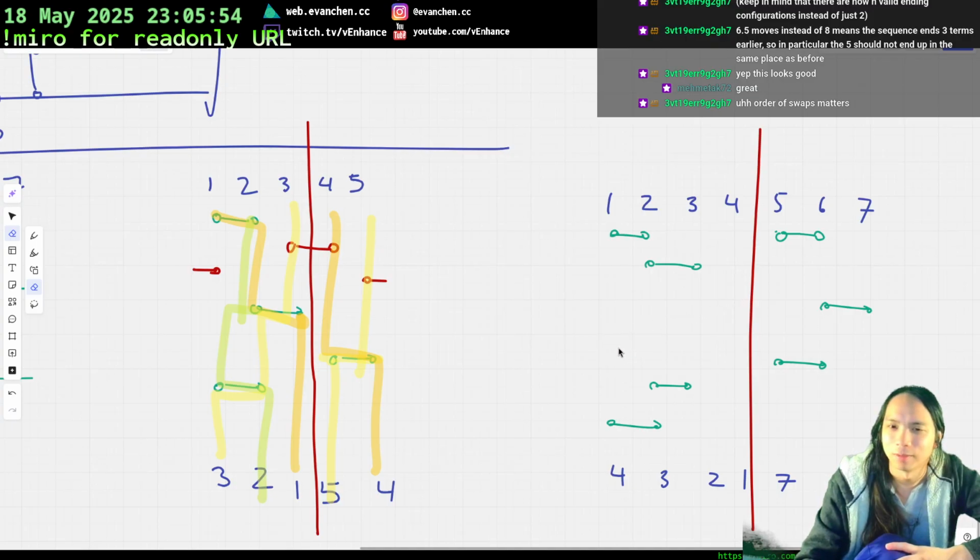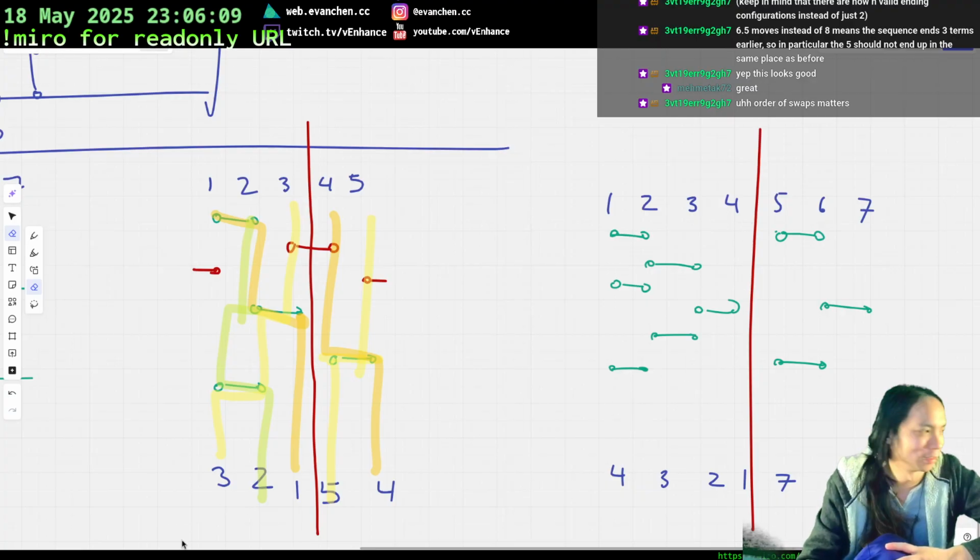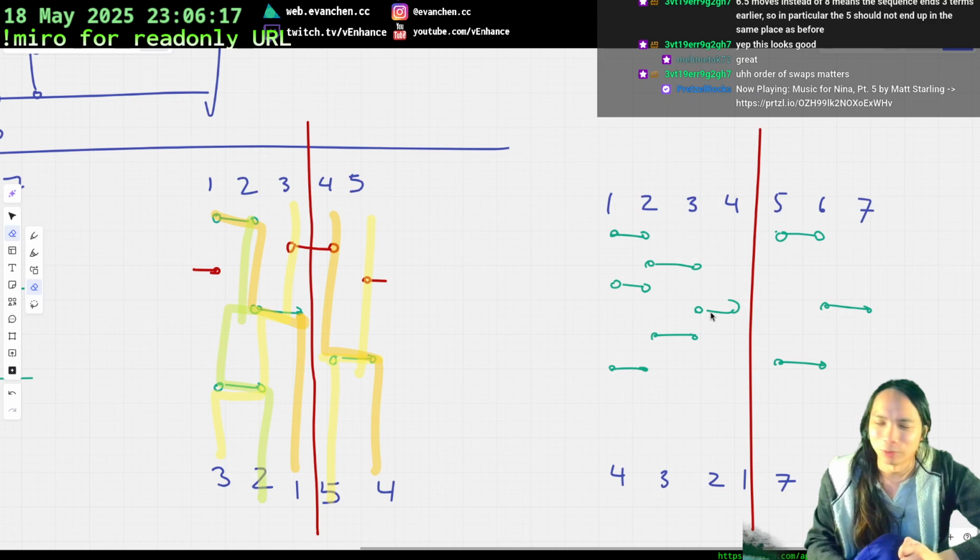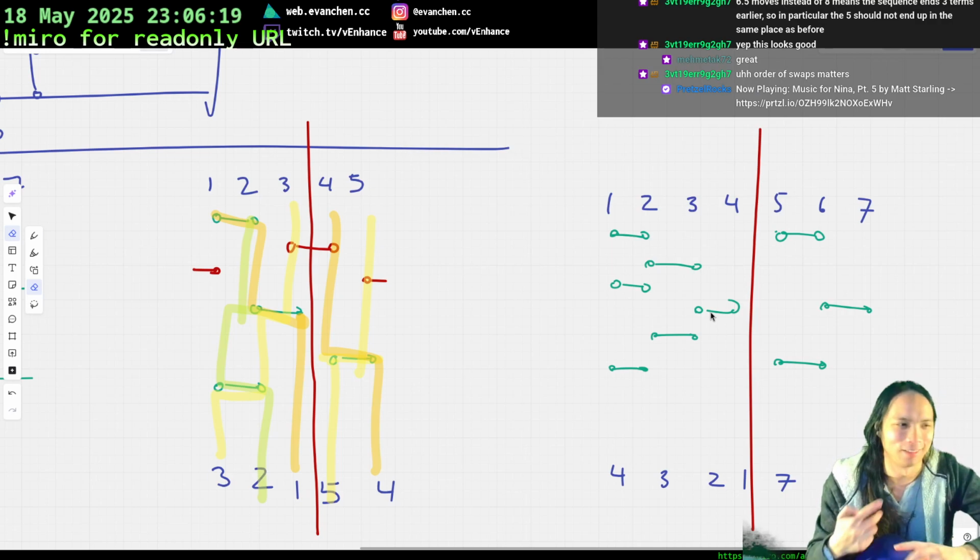I don't even want to think about what the actual runtime of this is. We can get it in like 3-ish rounds or however many it takes. The order of the swaps matters, but the 1, 2, and 3 should commute if they don't touch. The transpositions commute if they don't talk to each other.